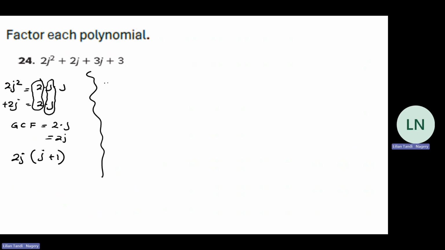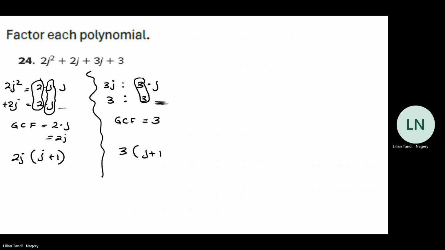Then we do here 3j and 3. So this will be 3 times j, and this would be just 3. Greatest common factor is 3. 3 outside, j plus 1, because nothing is remaining over here.